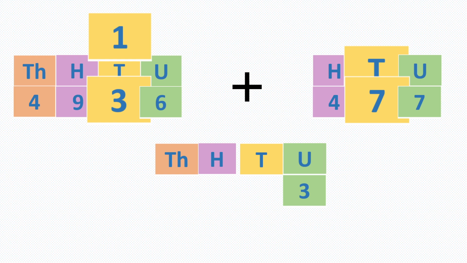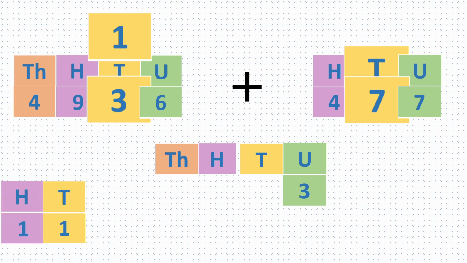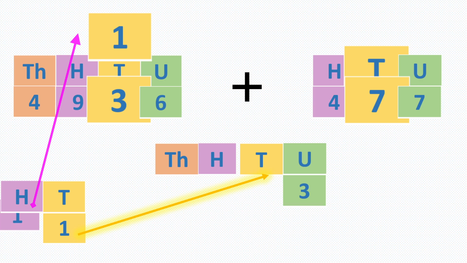So here we must remember to add 1 also. 1 ten, 3 tens and 7 tens together give you 11 tens. Now this 11 is a 2-digit number. We have 1 ten and 100 in this. And 100 will go to the hundreds place as a guest and 1 ten will go to the sum.